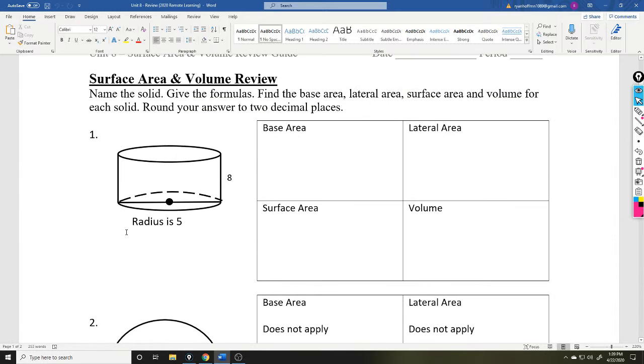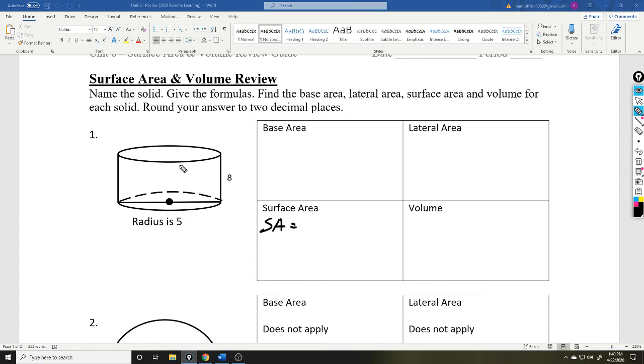Number 1. So remember that our surface area formula, I always start by writing out the surface area and volume formulas that we're going to use. Surface area for a cylinder is the same as our prism formula, since the cylinder has 2 bases.